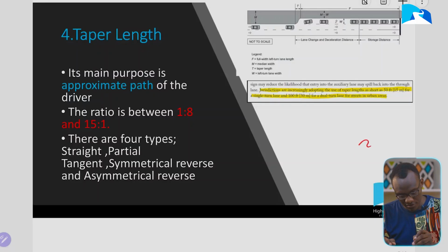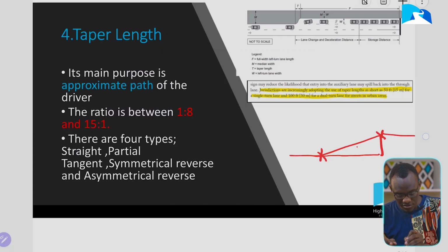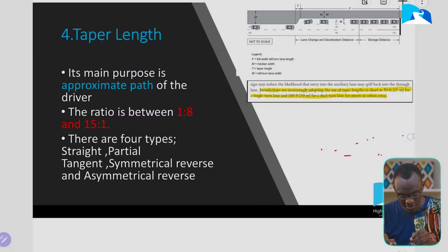What we mean by this is, the taper ratio is the change. Let me draw it in a much clearer way.